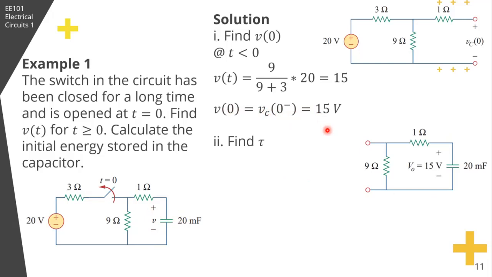So kaya na naman tayo V at 0, di ba kanundon mo ganina nga slide, the key to working in source-free RC circuits is by finding V at 0 og ang tau. So nanatay V at 0 karon sa tau na punta. In finding tau, di ba tau is equal to RC.